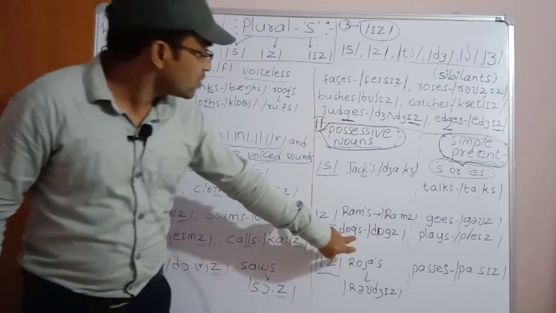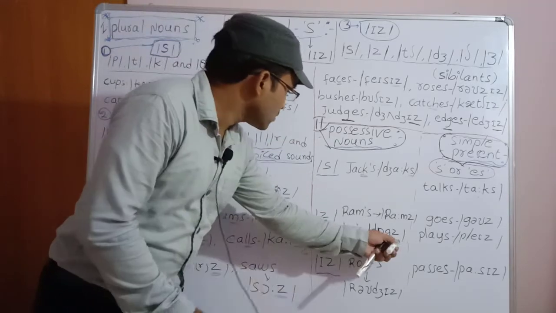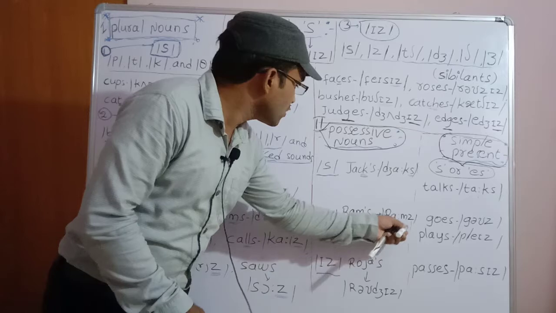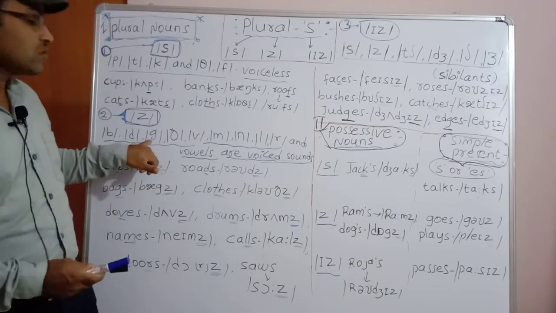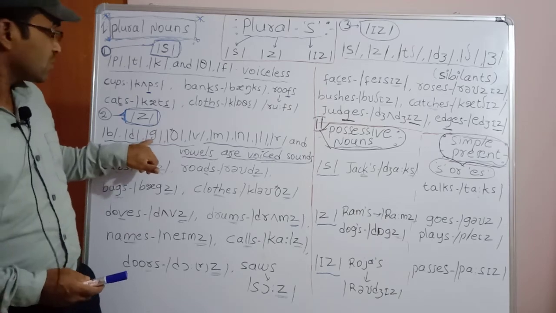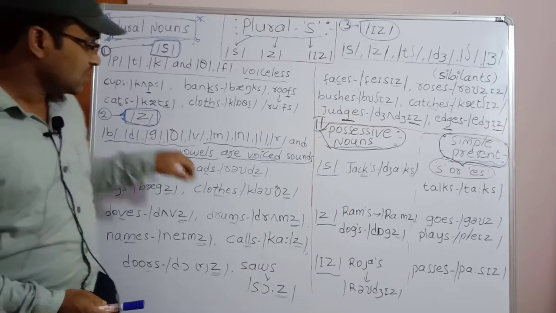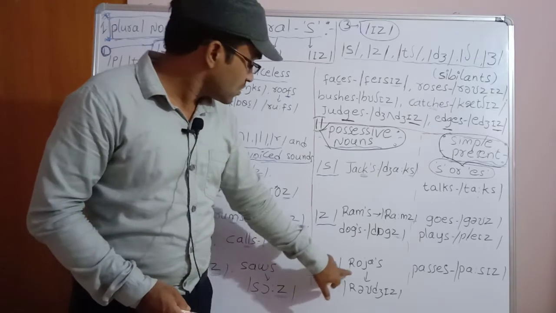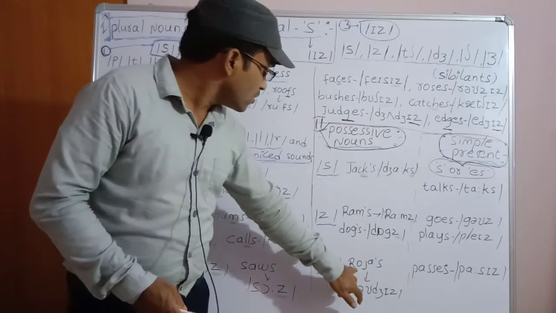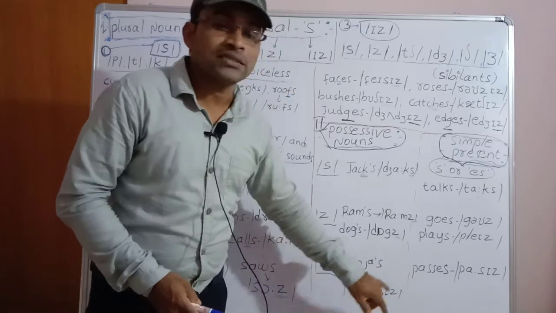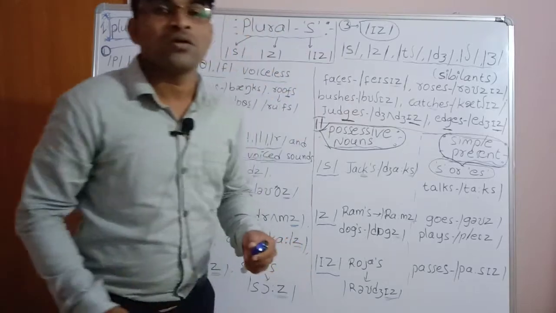Dog apostrophe s, dog's. Ja, ga. The sound is ja. Third one is Rose apostrophe s, rose's.